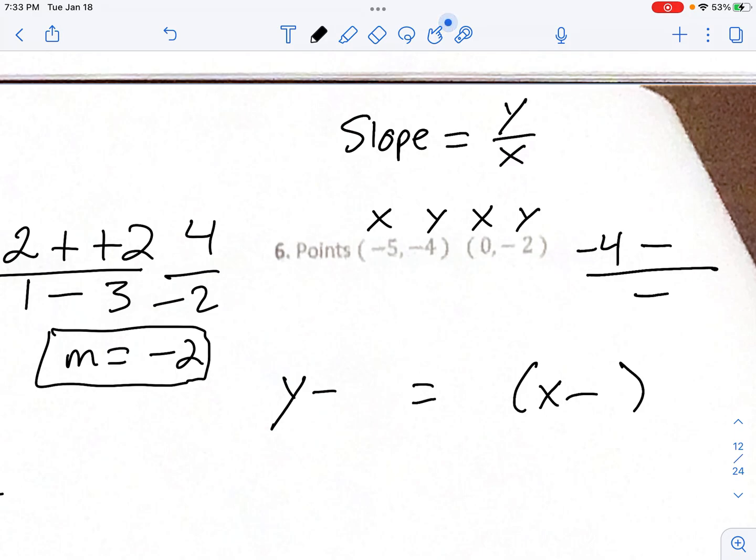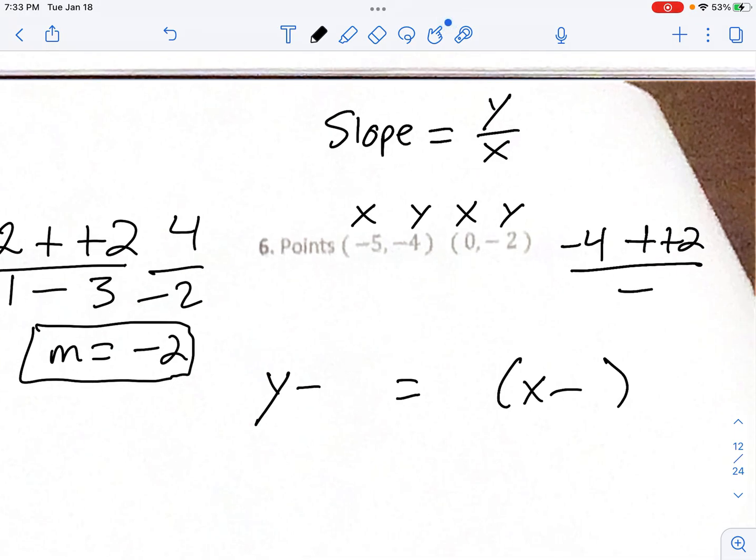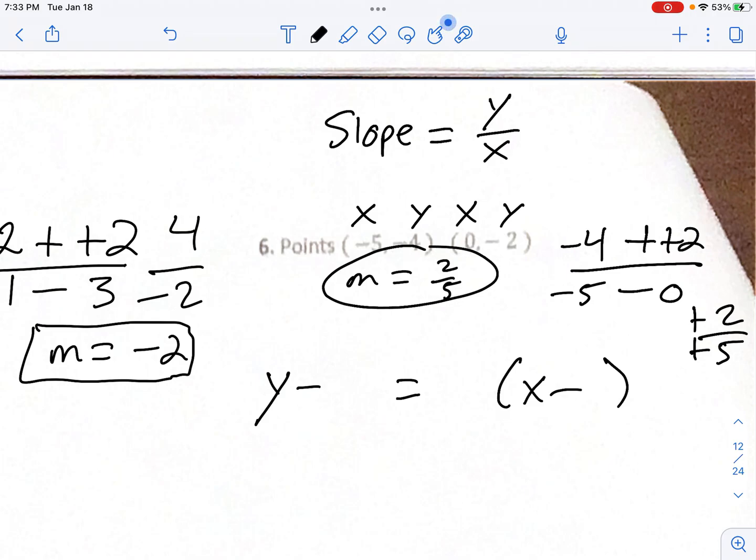So y's on top, -4 and -2, exactly as they are, which makes that a positive. And then x is on bottom, exactly where they're at, -5 and 0. So -4 plus 2 would be -2, and then -5 minus 0 would be -5. Negative over negative is a positive. So 2/5 is your slope. That goes in right there.